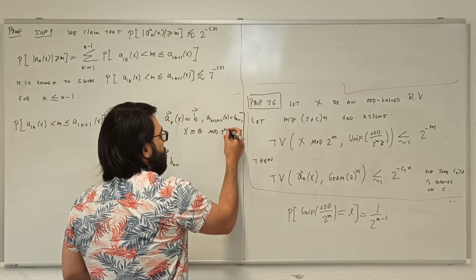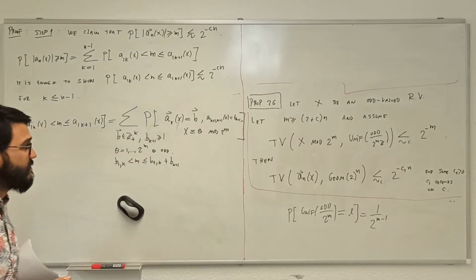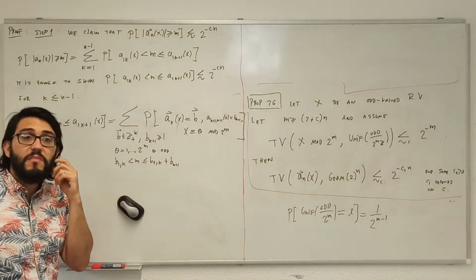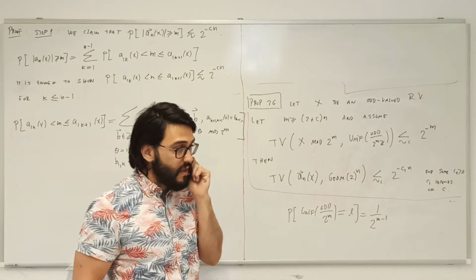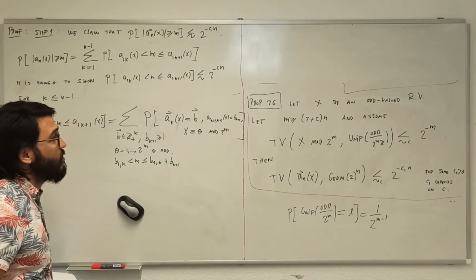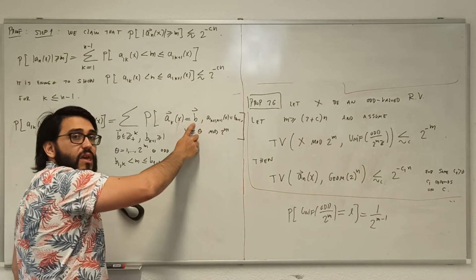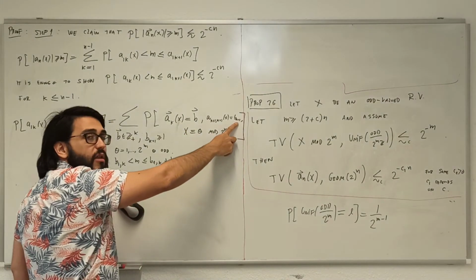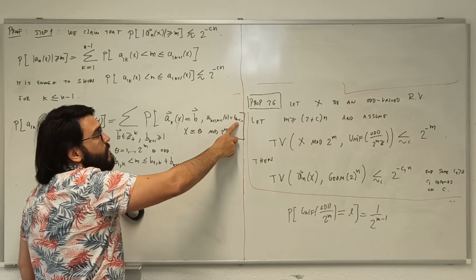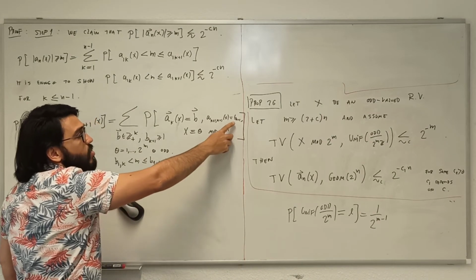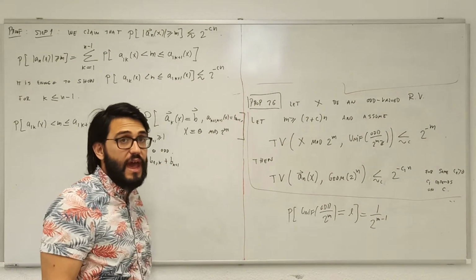This is m. It can't be any other. So that's the sum of the probabilities, okay? And it turns out the following. Because of the previous problem, once I give b here, b_{k+1} is completely defined, because it can only be one guy.